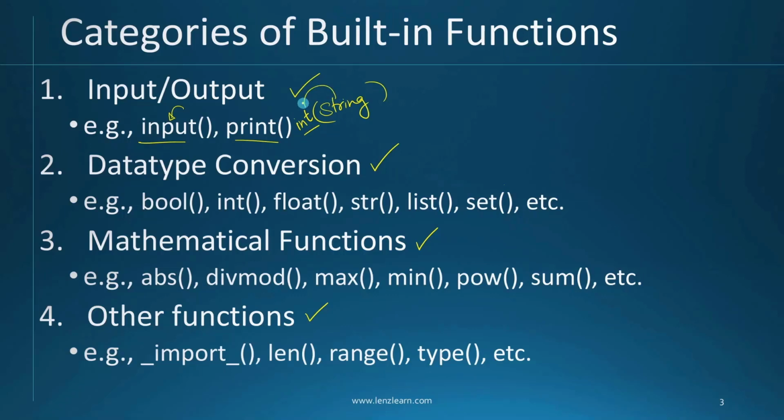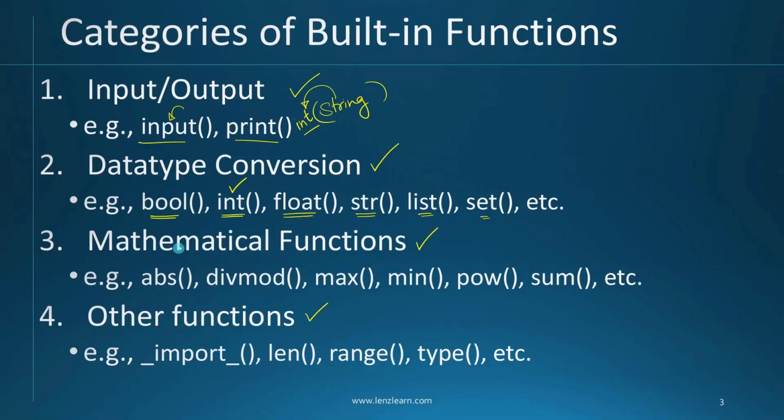We were accepting all the number inputs in our previous programs using this built-in function called int. Similarly, if you want to convert a value to a Boolean, you can use bool. If you want to convert a value to a float, you can use the type conversion function called float. Similarly, you have str, list, set, etc.